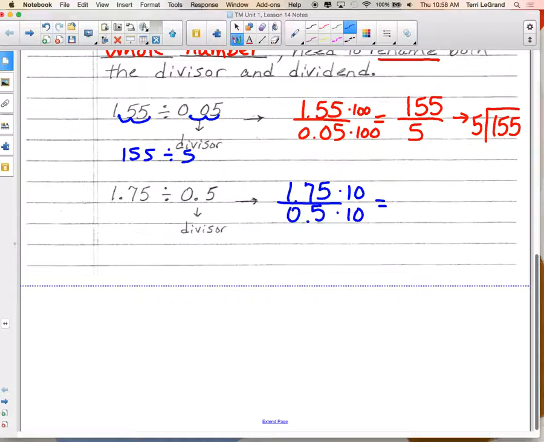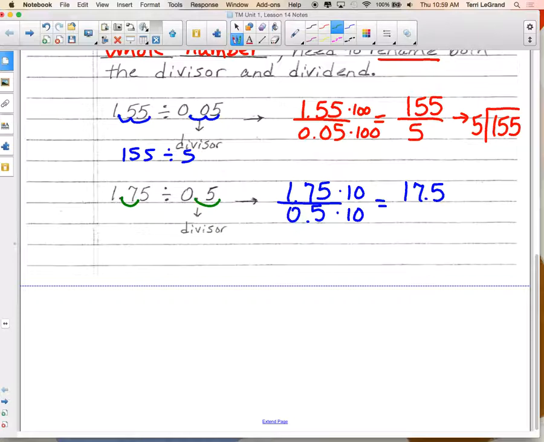What's going to happen when we take 1 and 75/100 times 10? Is it going to be 175? 17.5. Or in other words, if we were just taking the shortcut that we learned, if we move this one place, we would move this one place, wouldn't we?